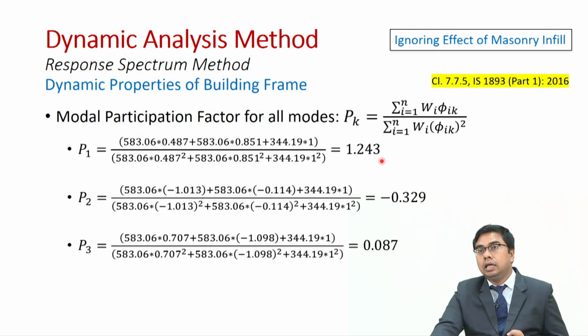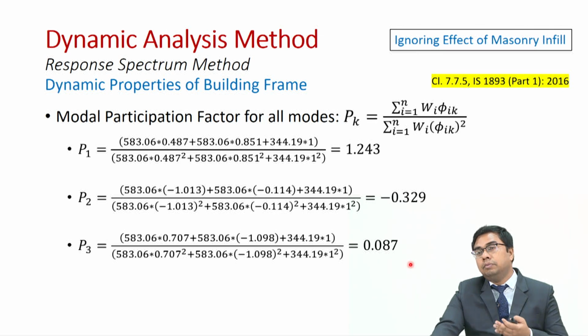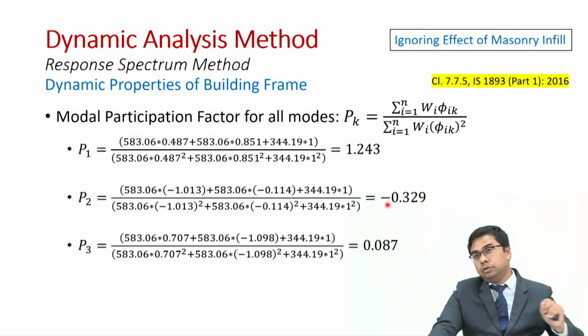One thing that is very clear is that the magnitude of P1, P2, P3 goes on reducing, which means that the first mode is the mode which contributes majorly to the total oscillation of the building, and as we move to the higher modes, the effect becomes lower and lower, it gets diminished, and finally it becomes not so important for us. What is this negative sign indicating? The negative sign indicates that this mode will lead to oscillation in the opposite direction.